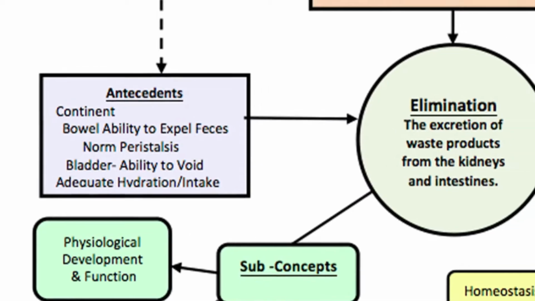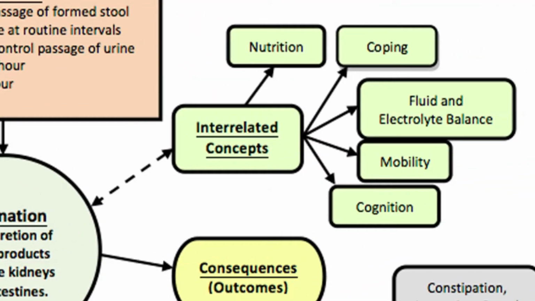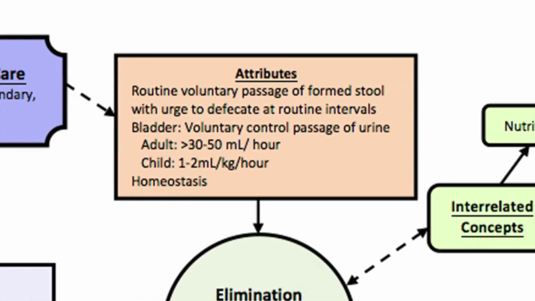We also have to look at the interrelated concepts. Is one of these causing the problem? Is it contributing? Is it impacting the elimination concept and thus making it vulnerable? And what are the attributes? Something should be showing up. Sometimes you have an attribute that shows up that is lacking, and you catch it early enough that you actually do not visually see a negative consequence.